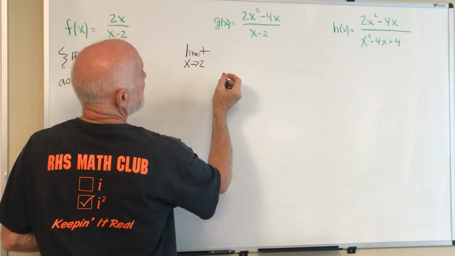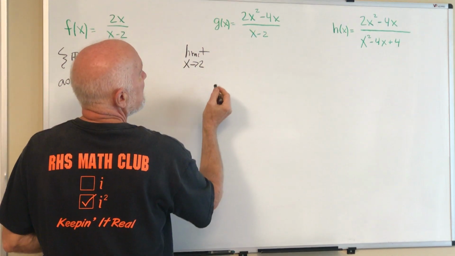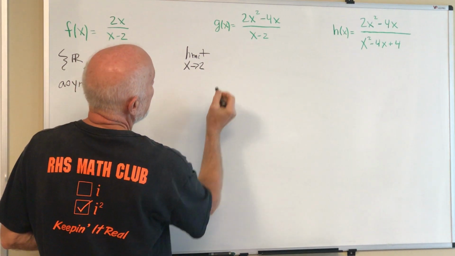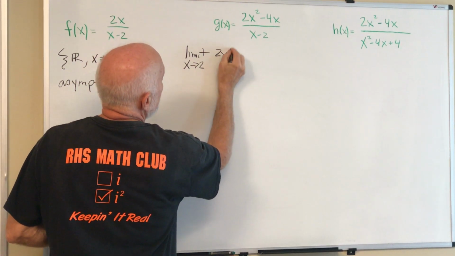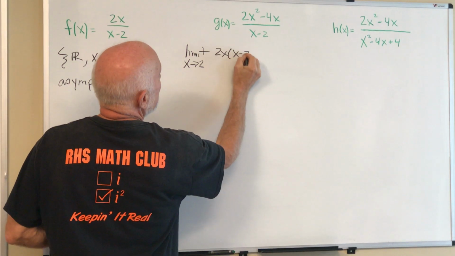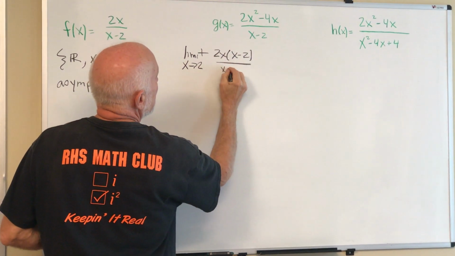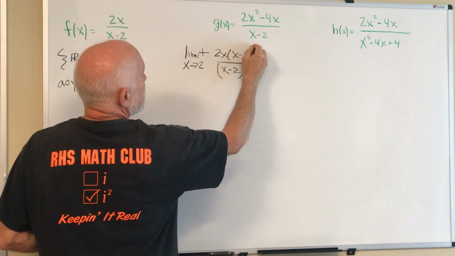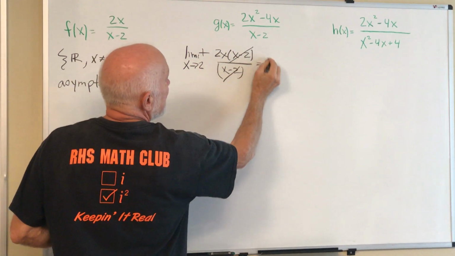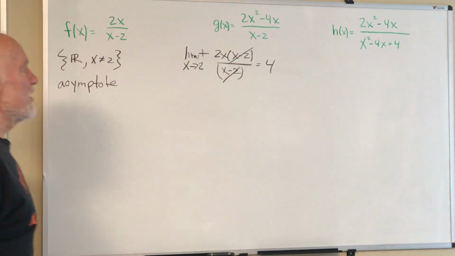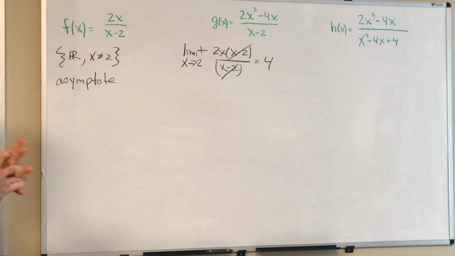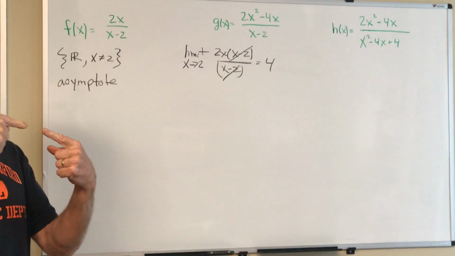Now, what we get, if we factor the numerator, we can take out a 2x and we can cancel that, and we get 4. So we actually, as x approaches 2, are coming into 4.